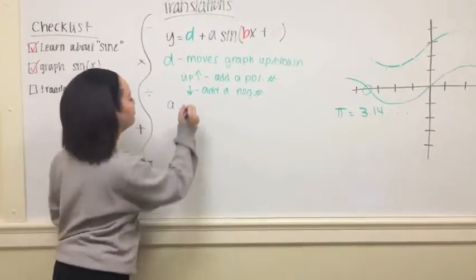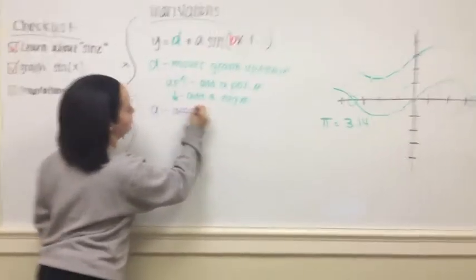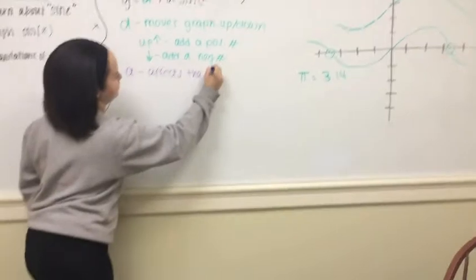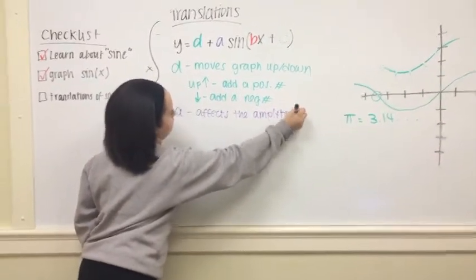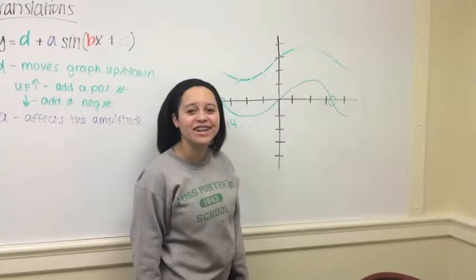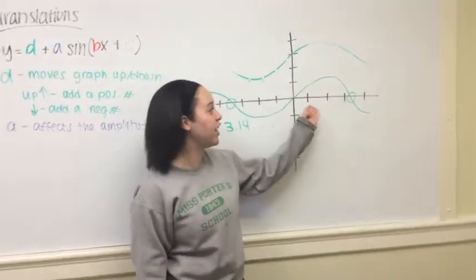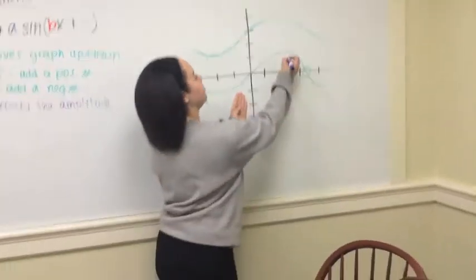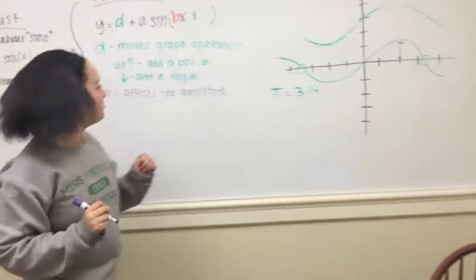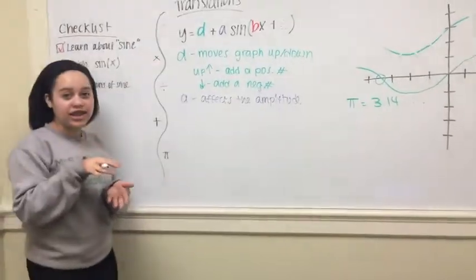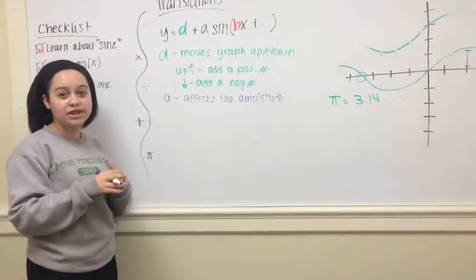A affects the amplitude. Alex? What is the amplitude? Great question, Alex. The amplitude is the height of the wave from the x-axis, as seen here. So, to decrease the amplitude, you need to use a number smaller than 0.